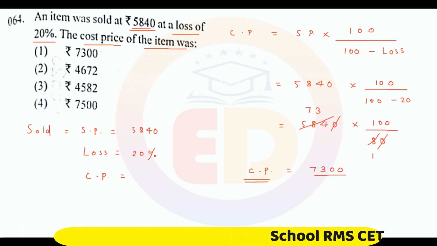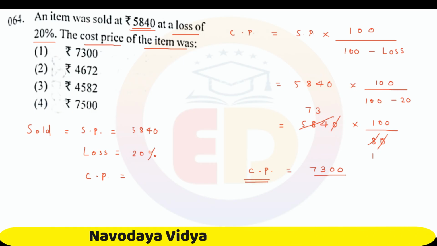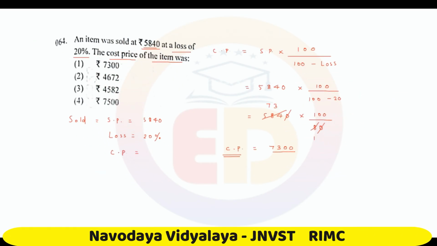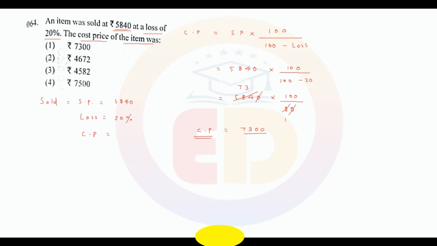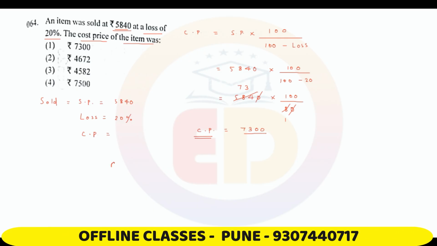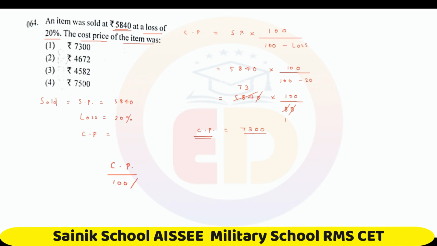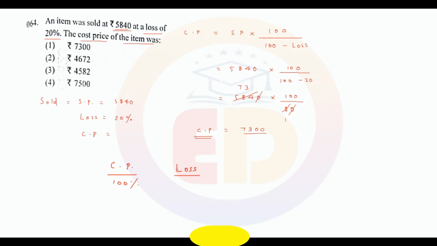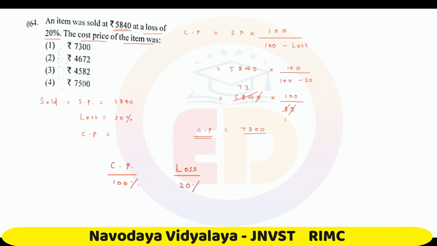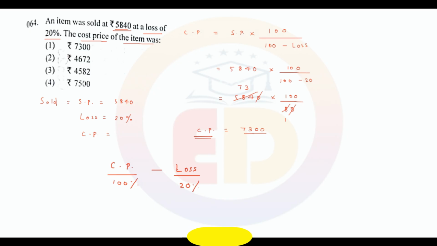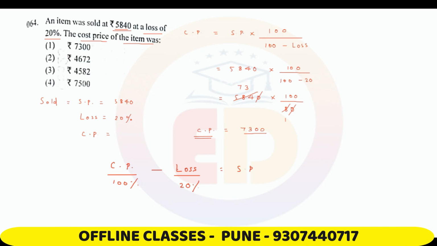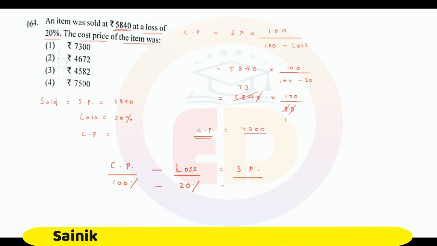Now we could have done this question by using the alternate method, without using the formula, which we discussed many times in the class. You take the CP as 100%. The loss is 20%, and remember CP minus loss is SP. So SP is 100% minus 20%, which is 80%.